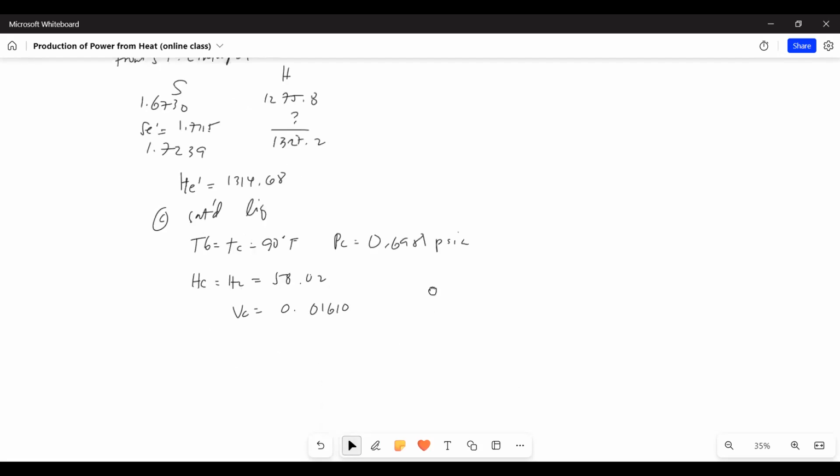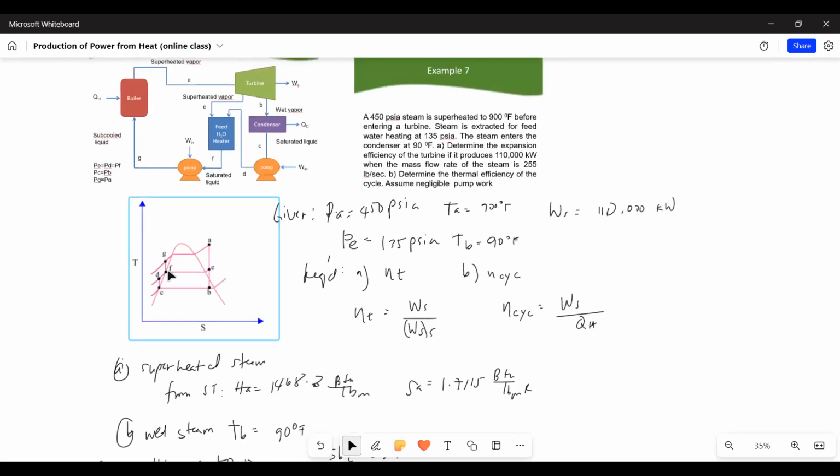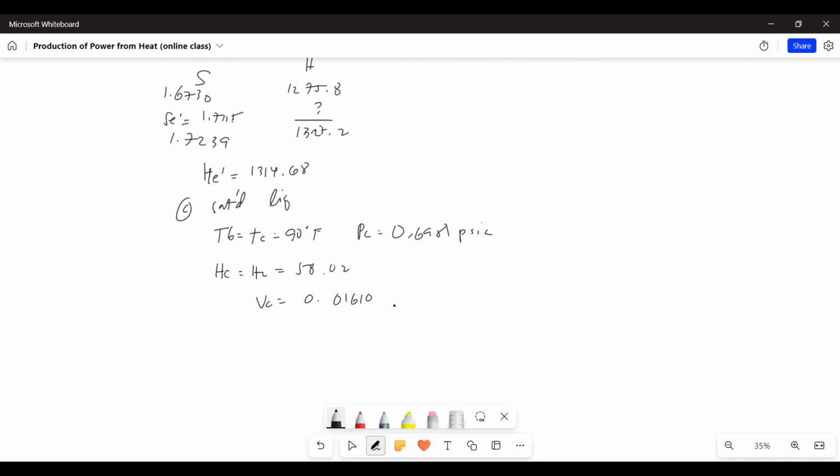Okay, let's go to point F. Wait lang, C na tayo. So, YF. Kasi we can know this since this is on the saturated liquid curve. So what do we know about point F? That its pressure is equal to PE, which is given 135. So let's jump to this point because we can easily know the properties at point F. PE equal to PF, diba? It's on the same saturated line. What do we know at point F?